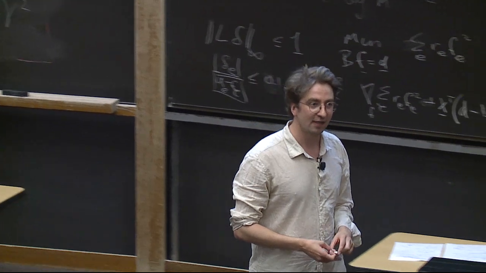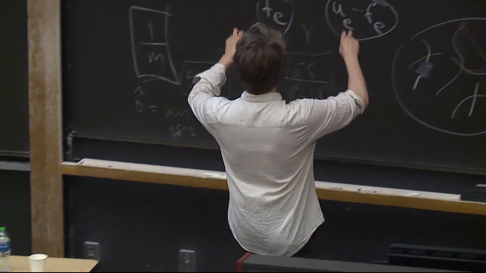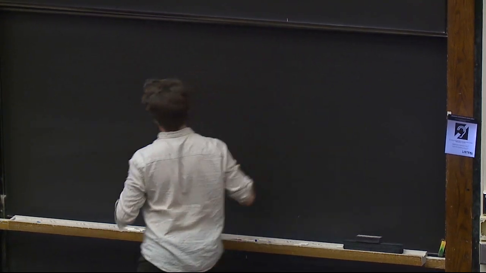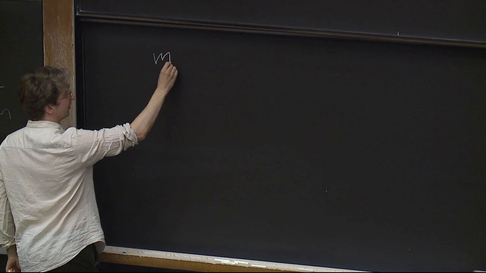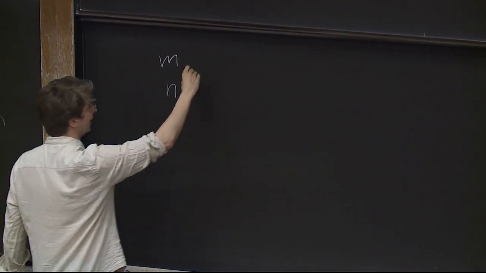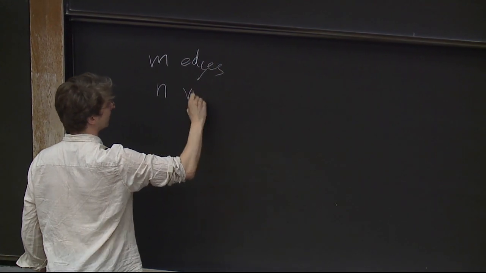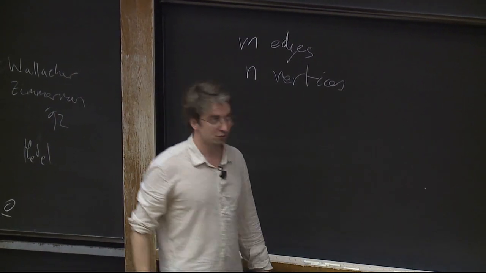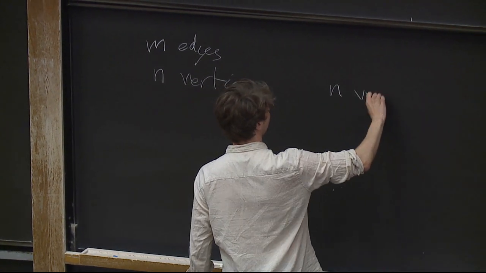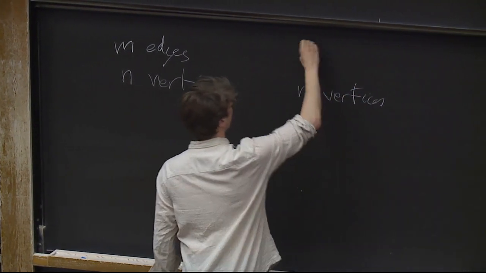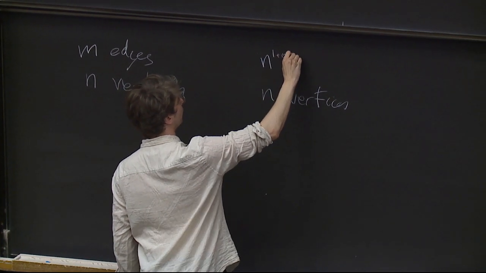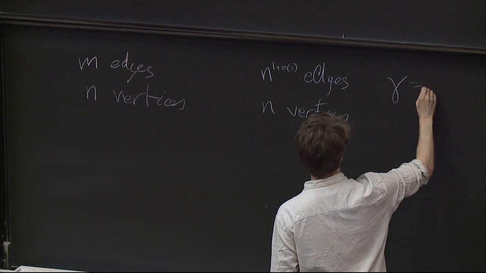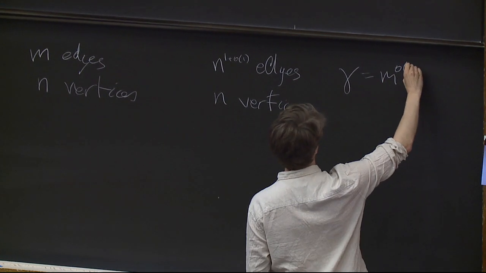And also notice, I didn't say this very clearly, but how sparse are spanners? Generally speaking, if I get a graph with m edges and n vertices, then I can construct a spanner on these n vertices with n to the 1 plus little o(1) edges, and a path length gamma of m to the little o(1) as well.